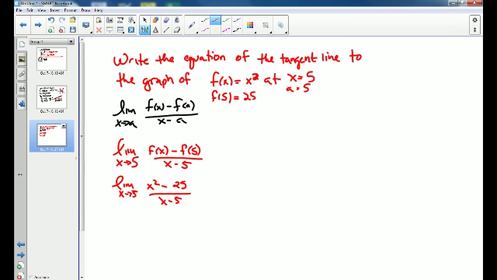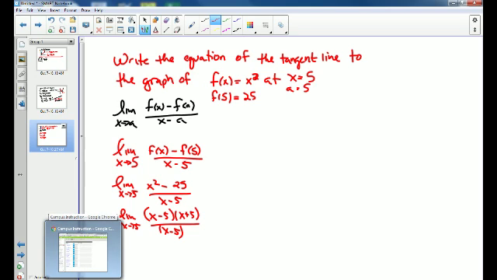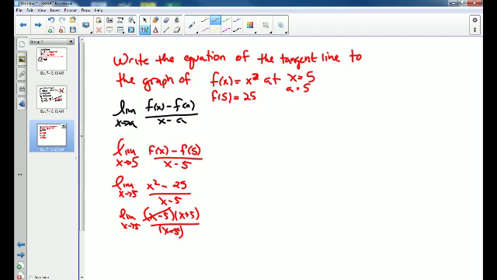Make a factor. And then what's the answer? You heard it. 10.